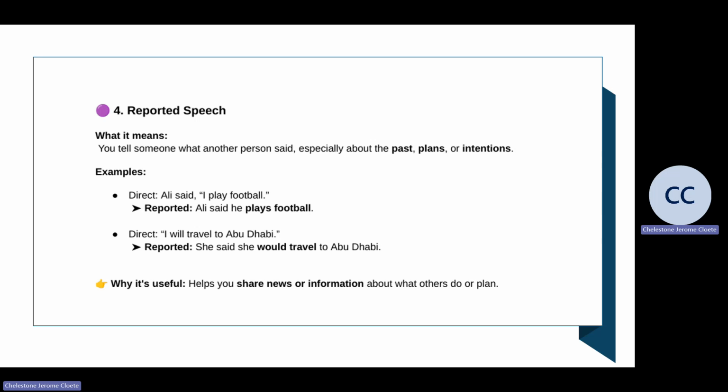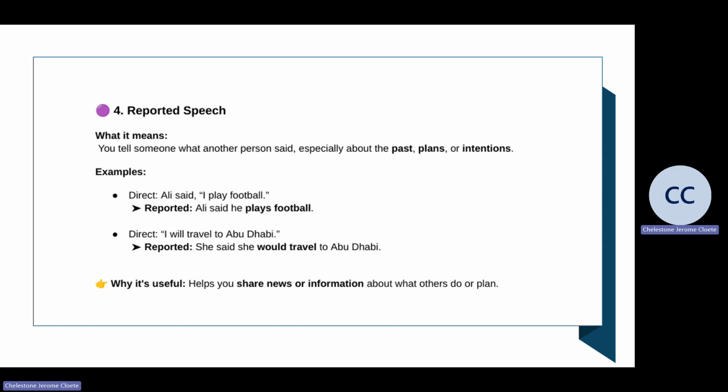So the fourth one is reported speech. You should remember that when you want to write in direct speech, you have the normal structure of the sentence, which is the subject, then the verb, then the object.